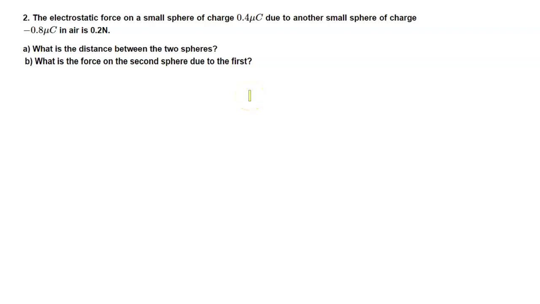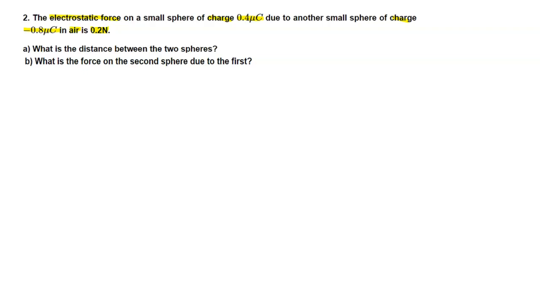So in this question, the electrostatic force on a small sphere of charge 0.4 microcoulomb, due to another small charge of negative 0.8 microcoulomb in air, is given as 0.2 Newton.